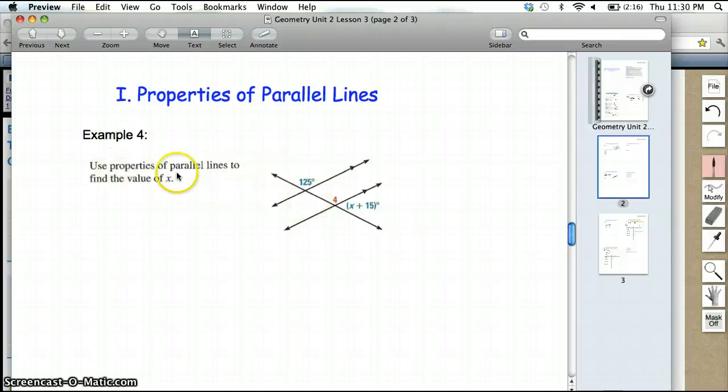This says, use properties of parallel lines to find the value of x. We've got 125 degrees here, and x plus 15 degrees here.